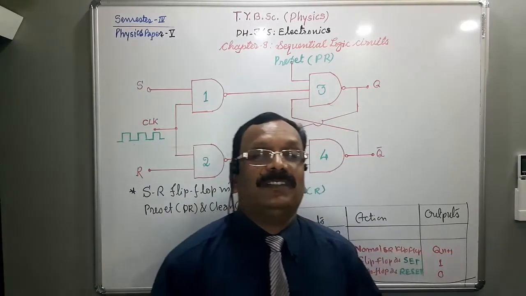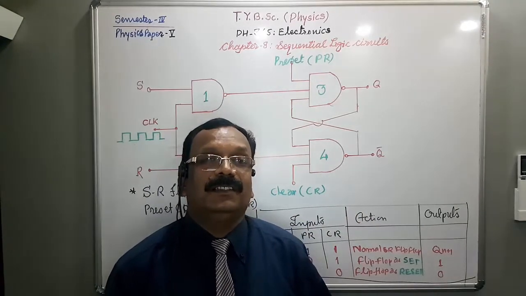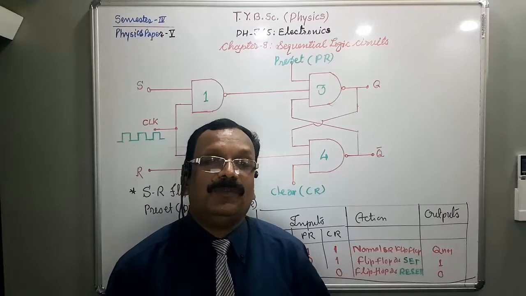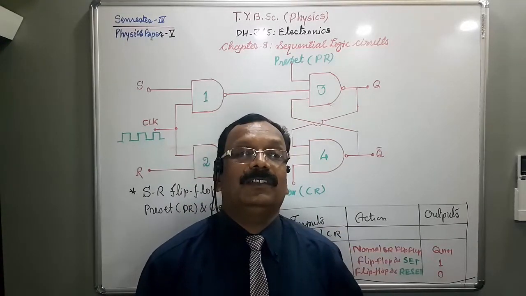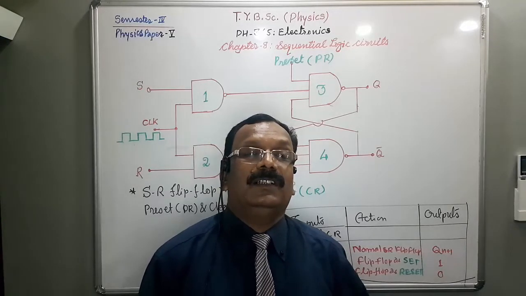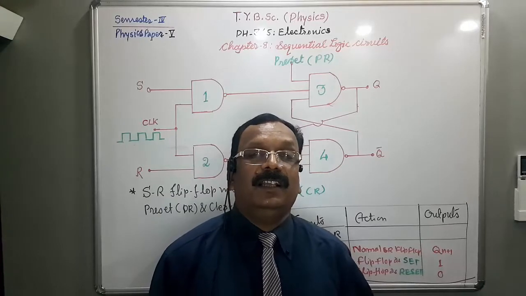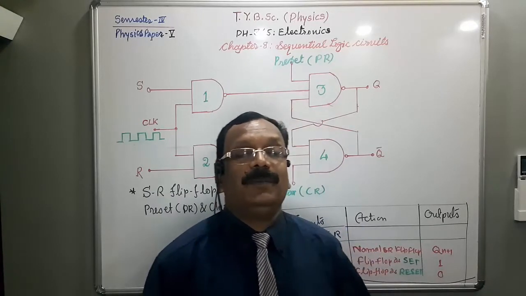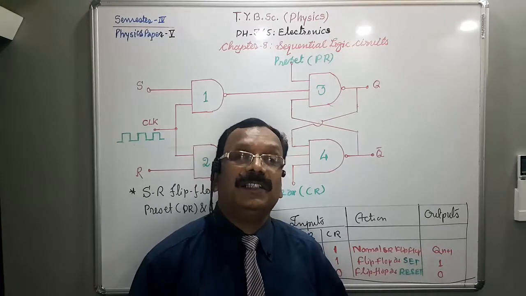Up to this point in this chapter we studied the definition of flip-flop, types of flip-flop, then the RS flip-flop, then clocked RS flip-flop, then JK flip-flop, master slave JK flip-flop, D flip-flop, T flip-flop, etc., along with their truth tables and along with their symbols.